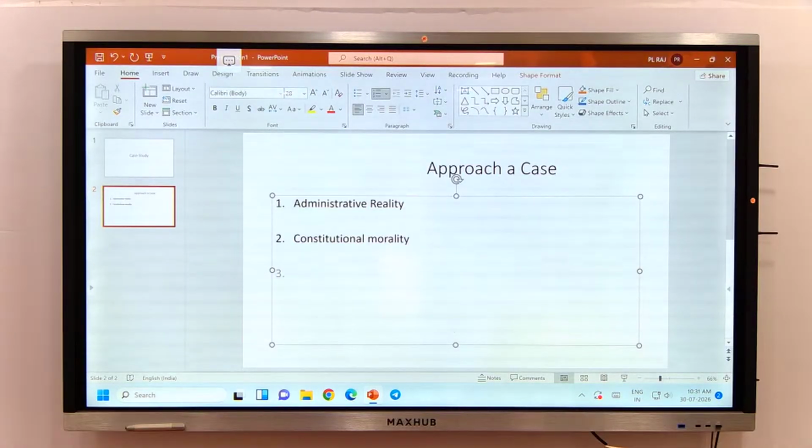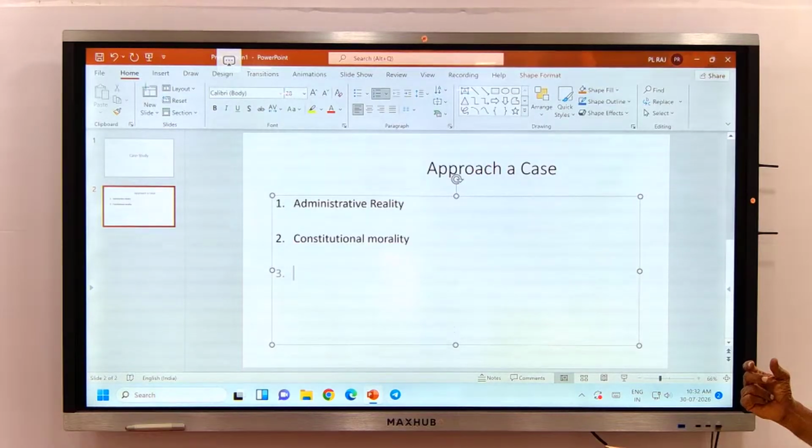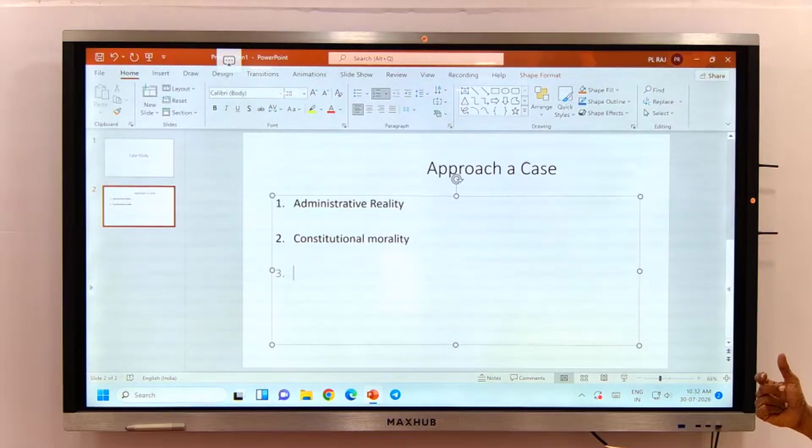That means our approach and our act of giving legitimacy to any fact, our act of any action to deal with it, requires constitutional concurrence. Constitutional morality deals with the rule of law, equality before law, equal protection of law. That means within the framework of law and constitutional values.